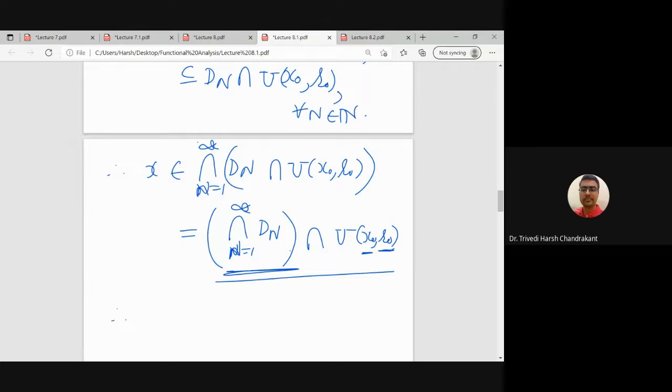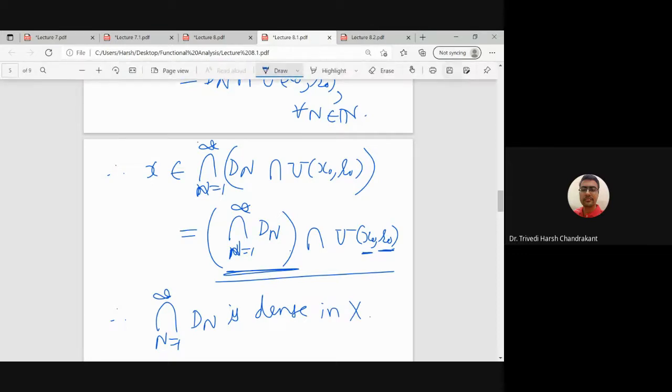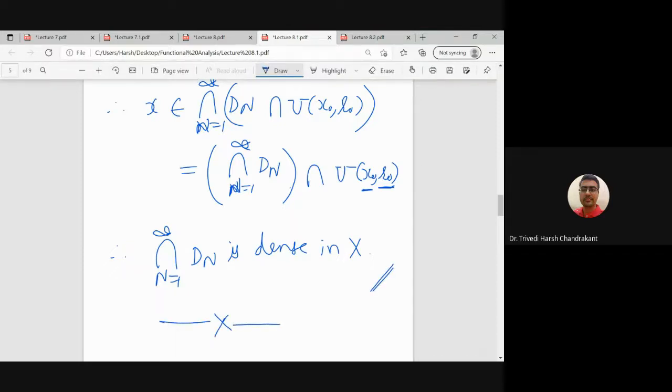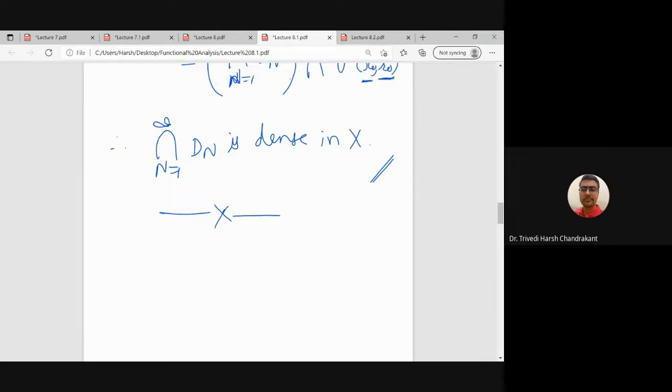So that means this intersection is dense in X. So we proved this result: we know the DN are open dense subsets of X, and we proved the intersection is dense in X.